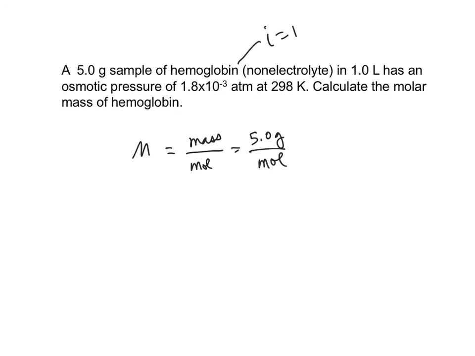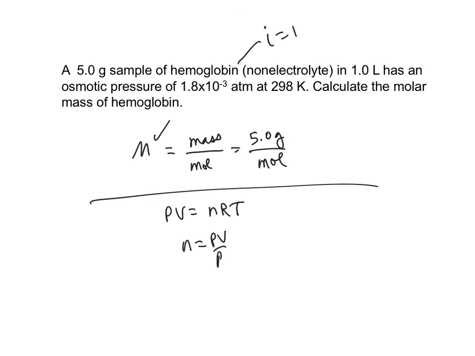Now we want to know how many moles that corresponds to. And if we know the moles, then we can calculate the molar mass. So you can use pi V is i times nRT, and calculate the moles n. So it's going to be PV divided by RT.